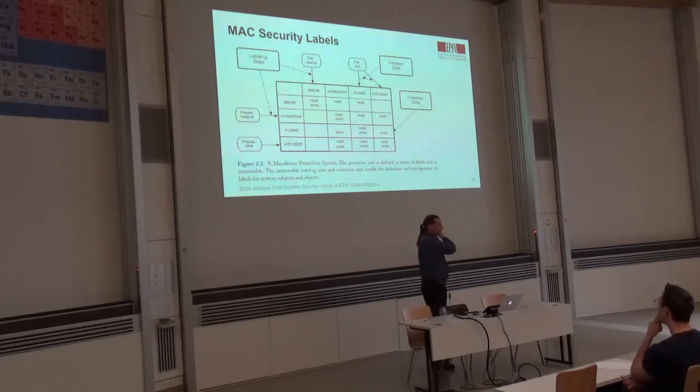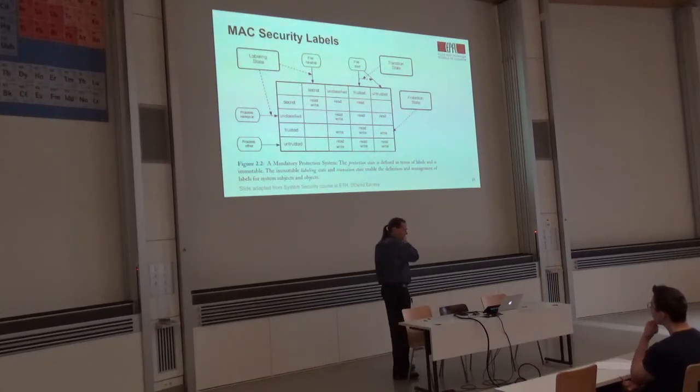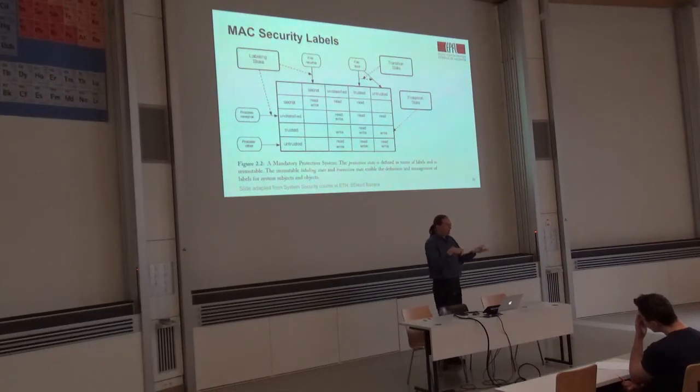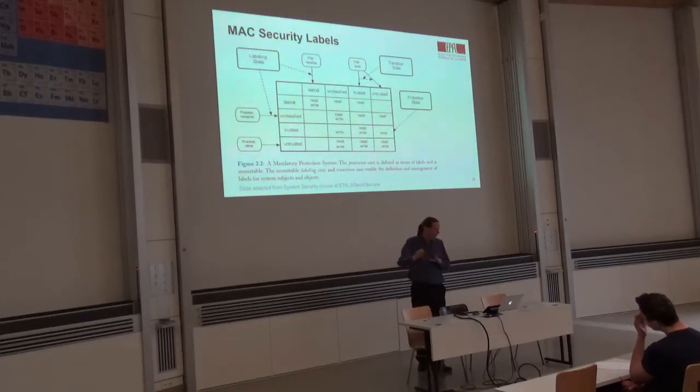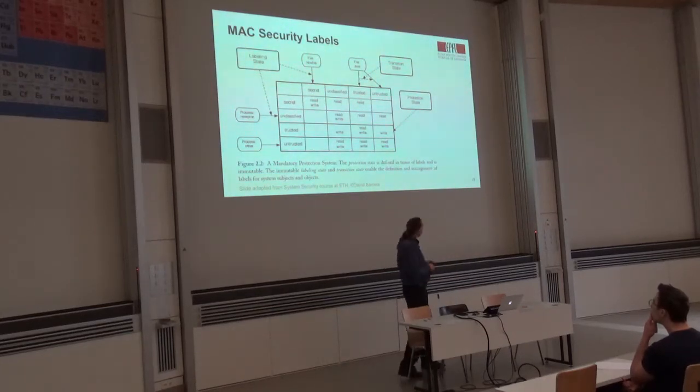This is a classic table presenting rules according to a particular concept of how these trusted, untrusted, secret, unclassified things might work together in a particular historical system. I can't remember which system this was, but so.